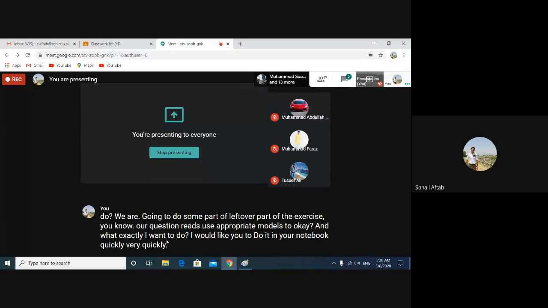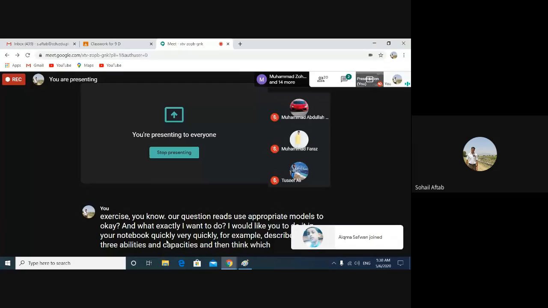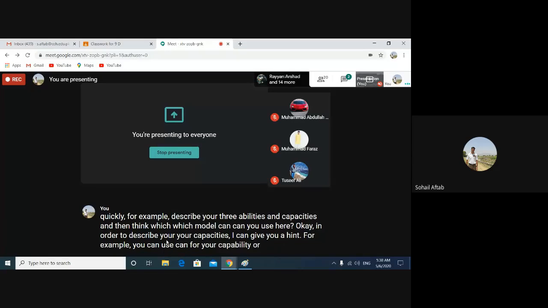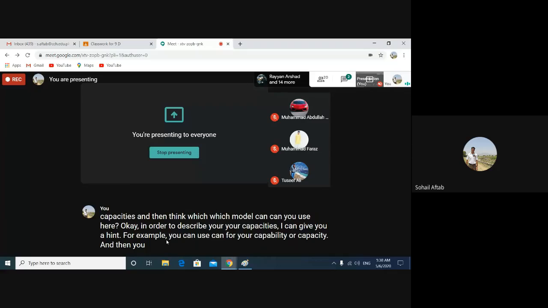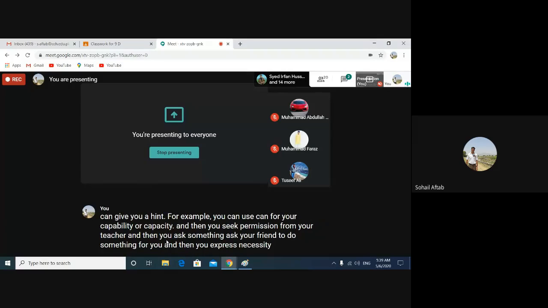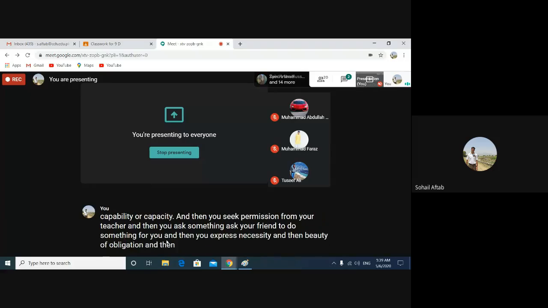For example, describe your three abilities and capacities, and then think which modal you can use here. I can give you a hint. For example, you can use can for your capability or capacity, and then you seek a permission from your teacher, and then you ask your friend to do something for you, and then you express necessity, duty, obligation, and then share some past habit.